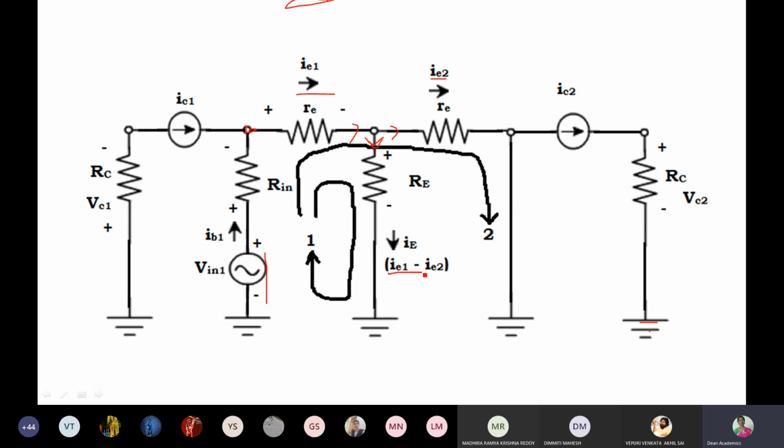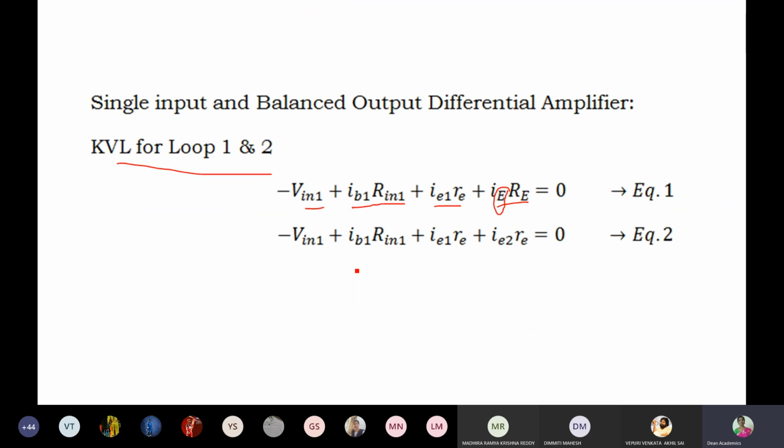That is the current distribution, so I have indicated it with the letter I through capital RE. We have taken this notation. So that is equation 1: minus Vin1 plus IB1 Rin1 plus IE1 RE plus IE RE equal to 0.